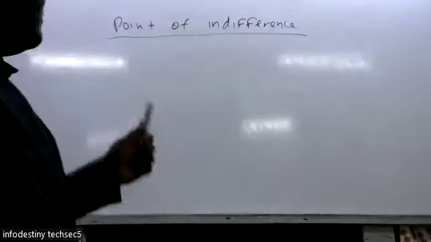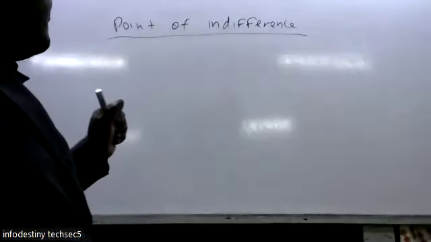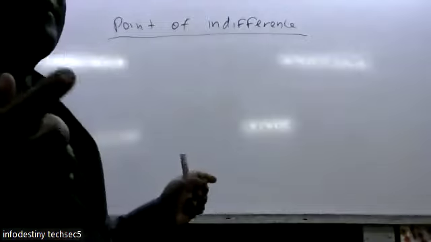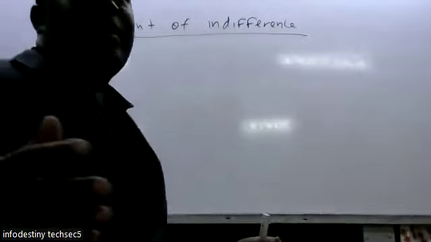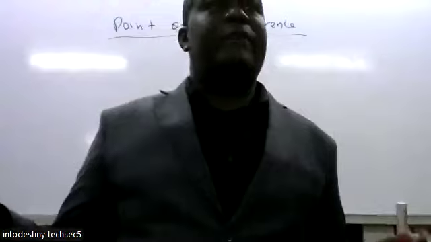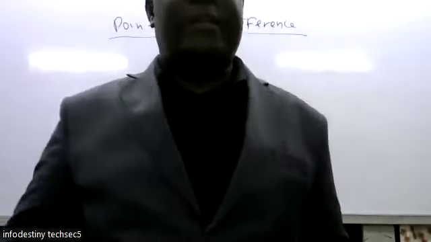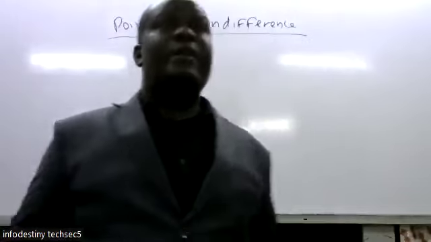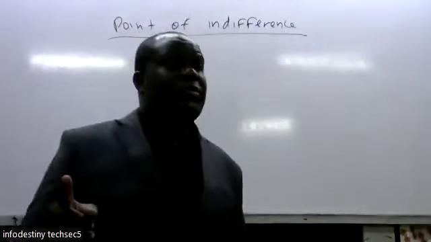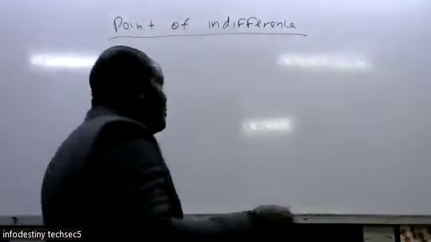When it comes to the point of indifference, it is just the point of financing where earning per share for the options available are the same, and also earnings before interest and tax for the two options are the same, so that you are unable to select a given option.